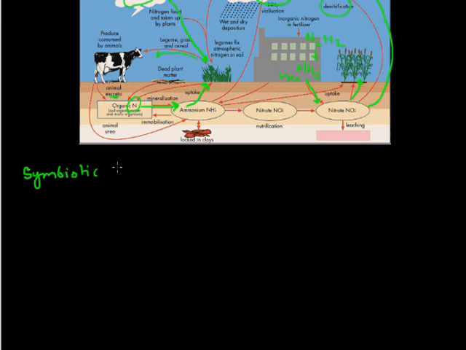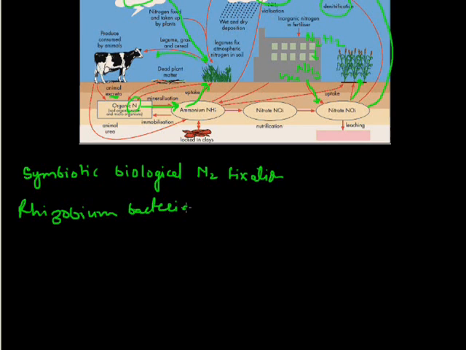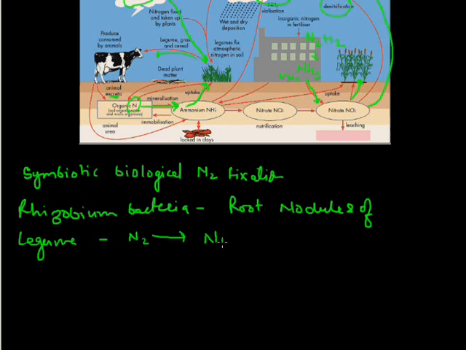In symbiotic biological nitrogen fixation, living beings such as Rhizobium bacteria, which are present in the root nodules of legume plants, convert nitrogen into nitrate with the help of the nitrogenase enzyme. This is an enzymatic process in which nitrogen is converted and plants utilize it.